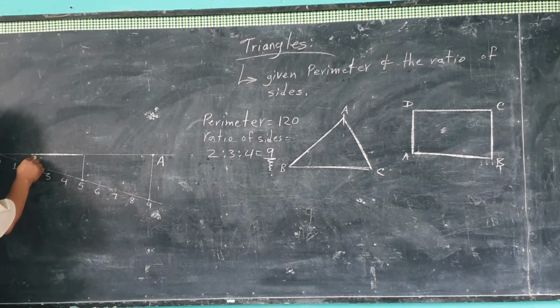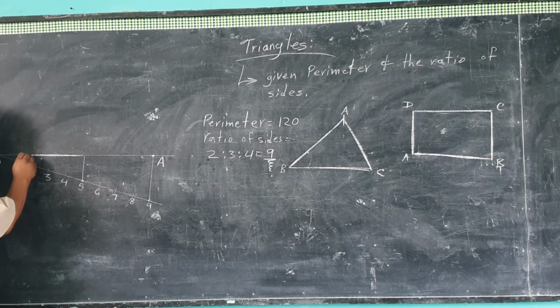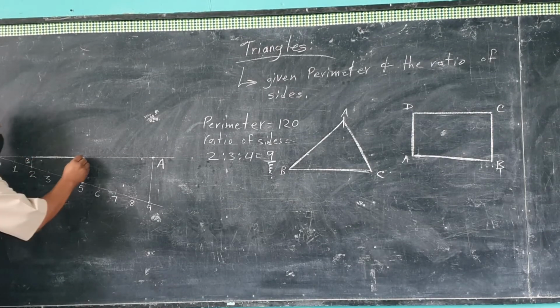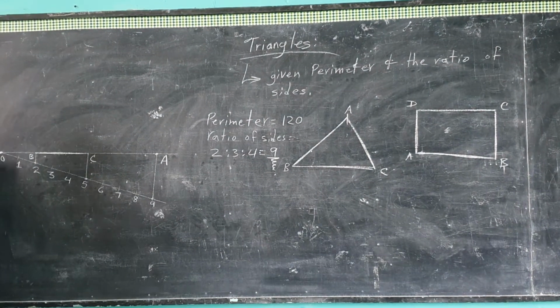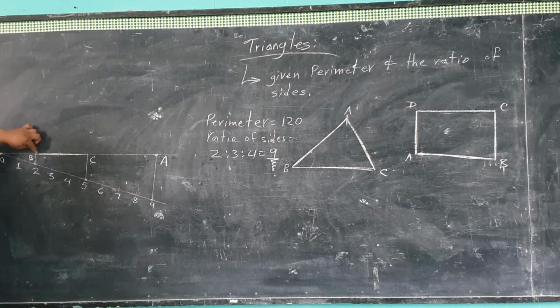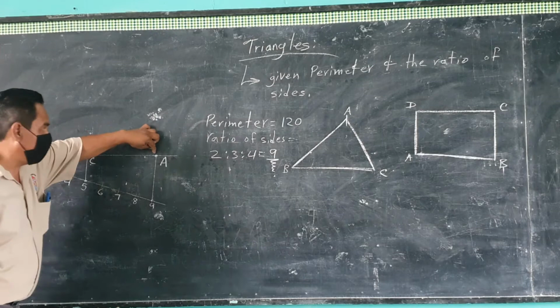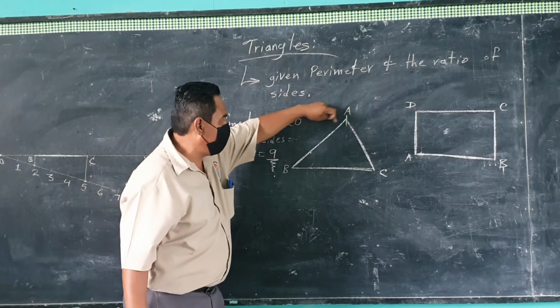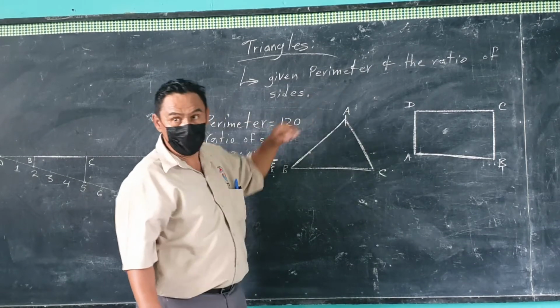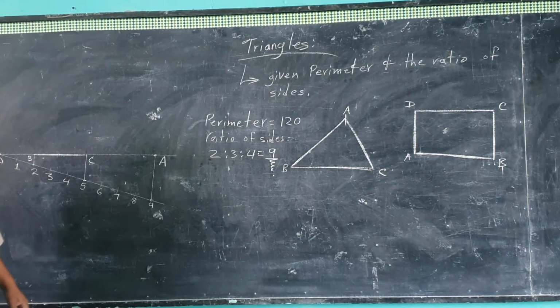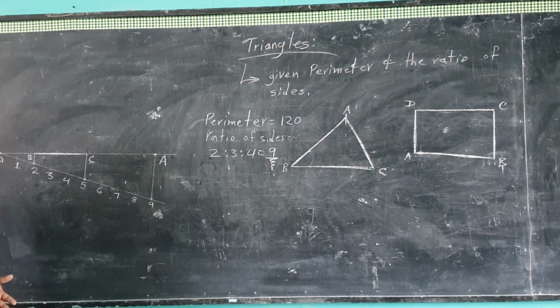And so this here becomes B. This here becomes C. Look at it. A, B, C. And then A. Do you understand it now?